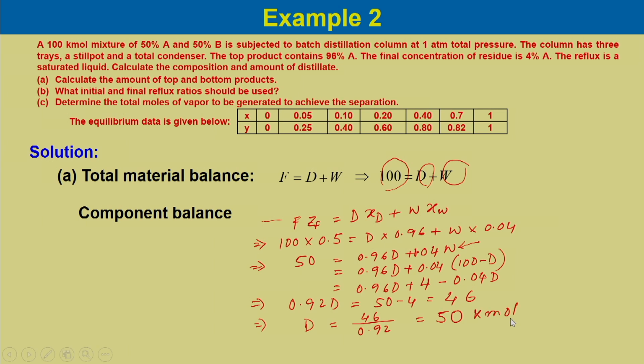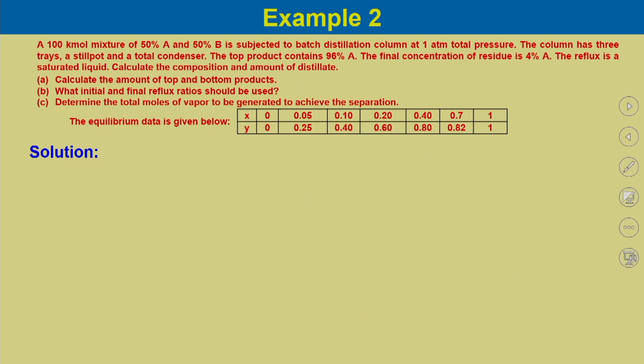So, similarly from the total material balance, we can write D plus W would be 100. From here we can write W would be 100 minus D, which is 100 minus 50. So, 50 kmole is the bottoms.